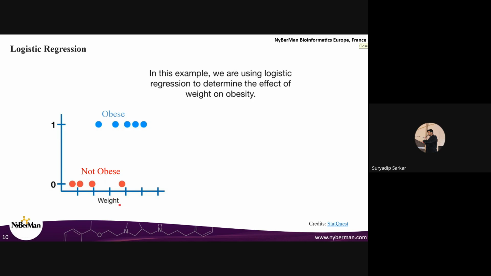Using weight, we will predict the probability of being obese, which is 1, and the probability of not being obese, which is 0. Basically, we'll predict the probability of being obese. The blue samples here are obese samples, and the red samples here are samples which are not obese. So this is the example that we'll be taking forward for now.